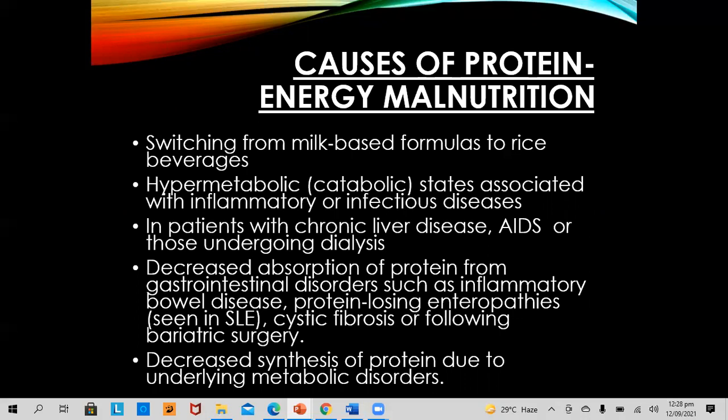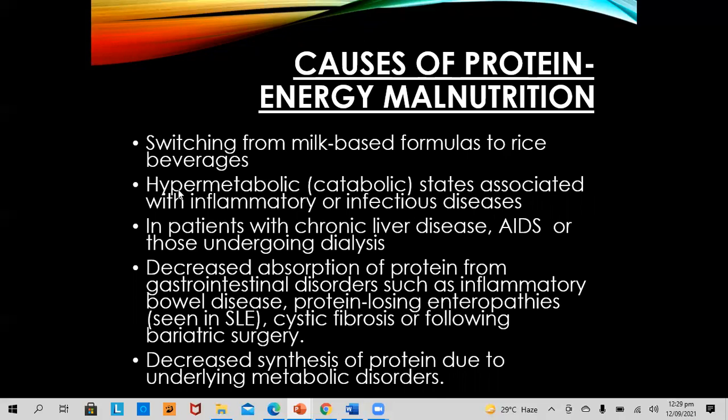Decreased absorption of protein from GI disorders such as inflammatory bowel disease, protein-losing enteropathies seen in SLE, cystic fibrosis or following bariatric surgery, and decreased synthesis of protein due to underlying metabolic disorder.